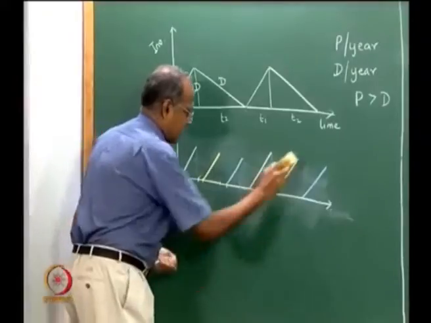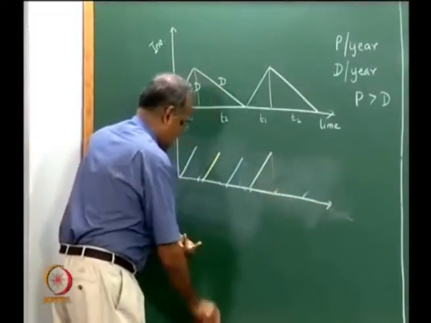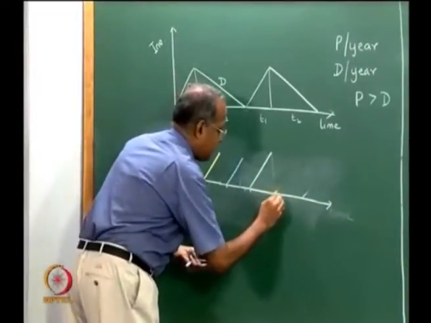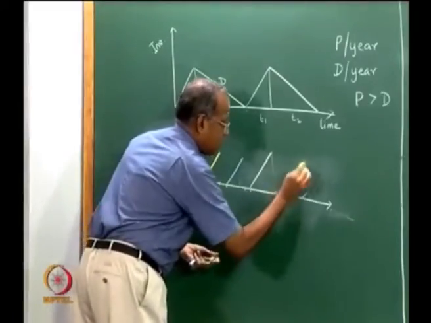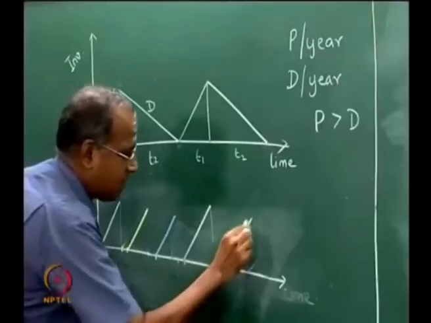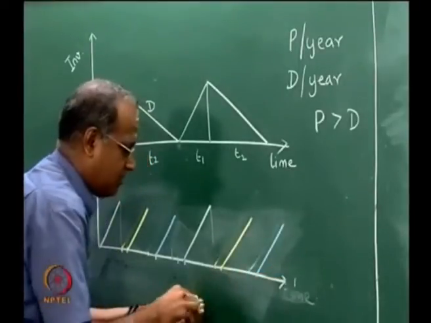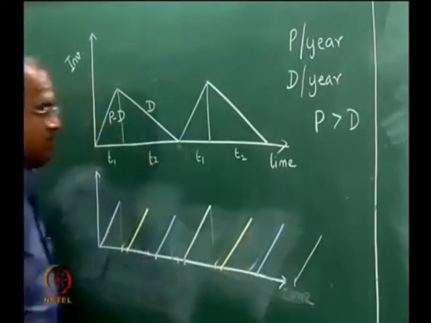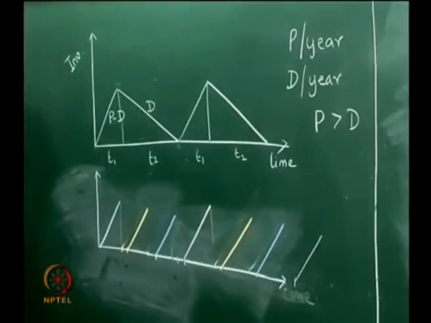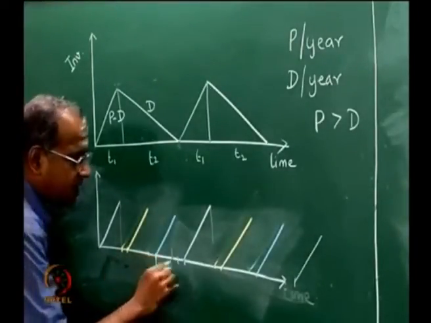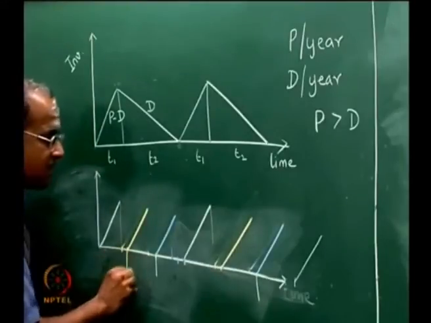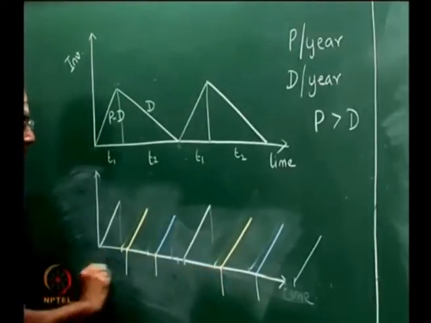We have to draw this again a little more clearly. So there is a small time which is there, and then the yellow, and then there is some time here, and then the blue, and then there is some more time here, and then the white. So now we would like to have this cycle time same, this cycle time same, and so on.